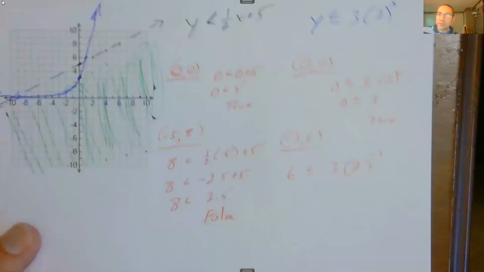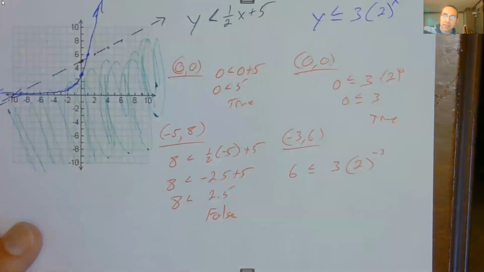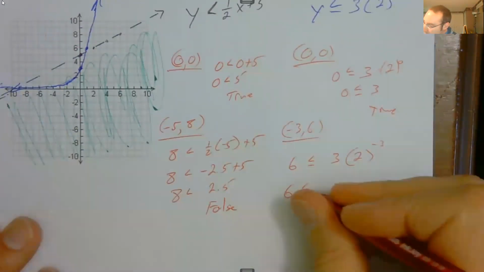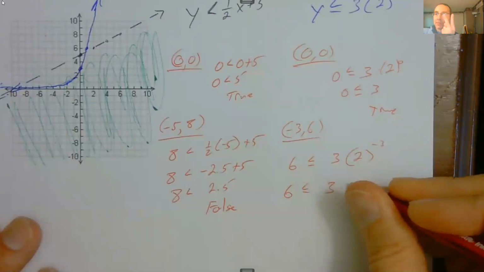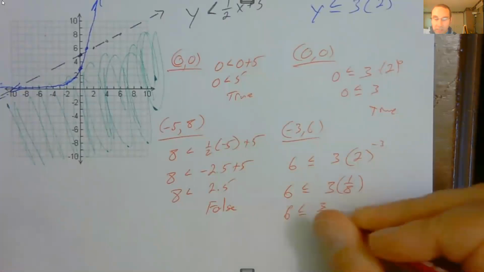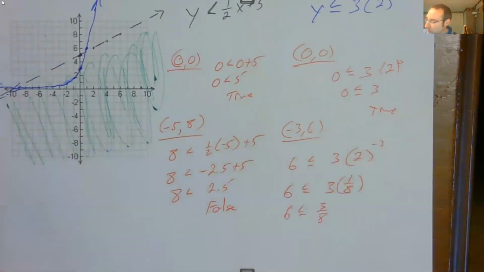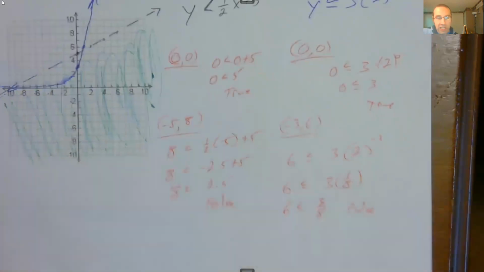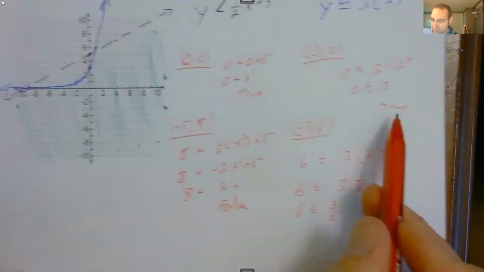Now, with that negative exponent, we look at the reciprocal of that 2. So it's actually 1/2 to the third power, a half times a half times a half. That's going to give us 1/8. So is 6 less than or equal to 3/8? Nope. That is false. So we're only going to shade on the side that includes 0, 0.